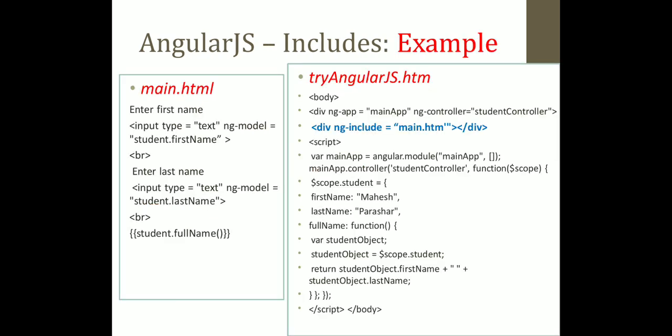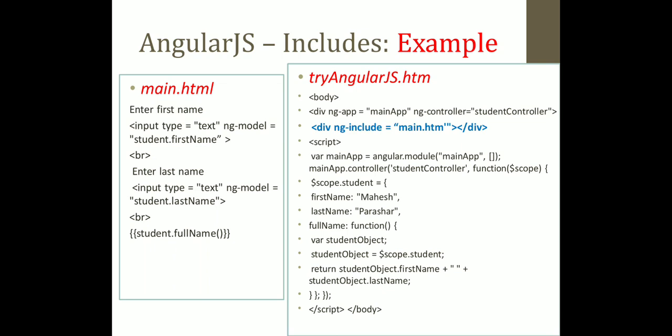We will elaborate this with one example. Here we can see we have used one main.html file. There we have taken two input lines, for first name and last name. For first name we have taken input type equals text and ng-model equals student.firstname.